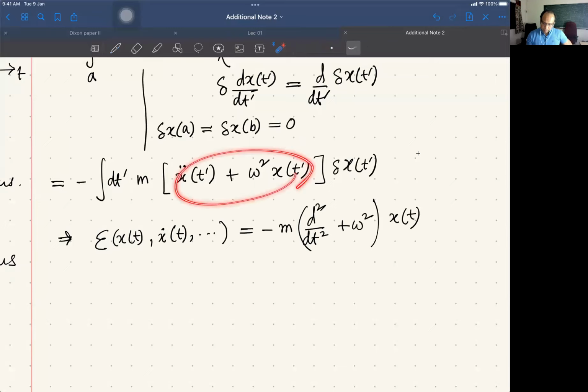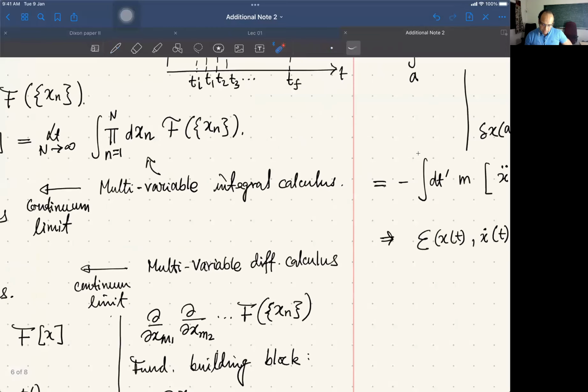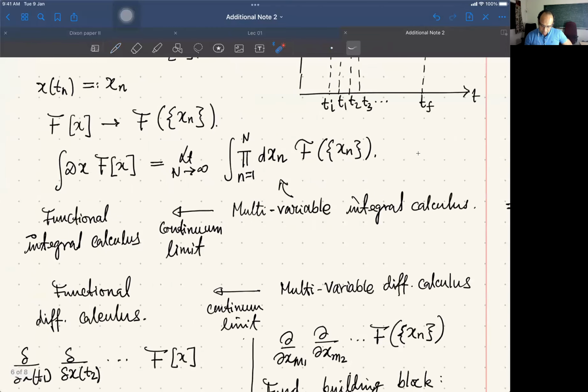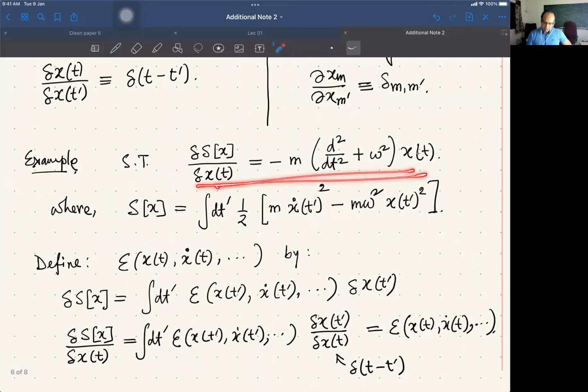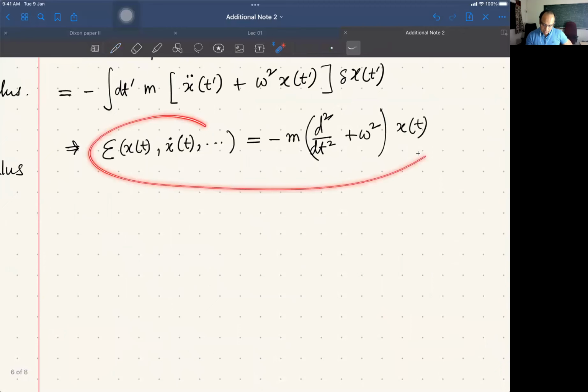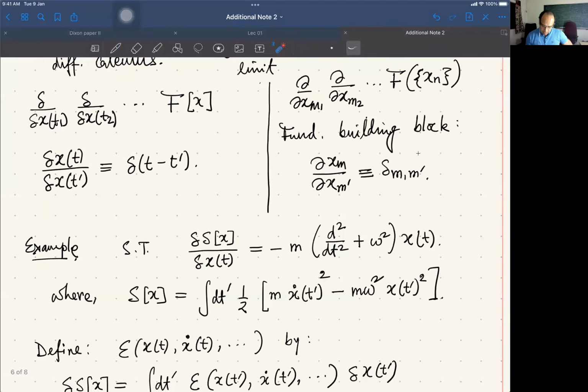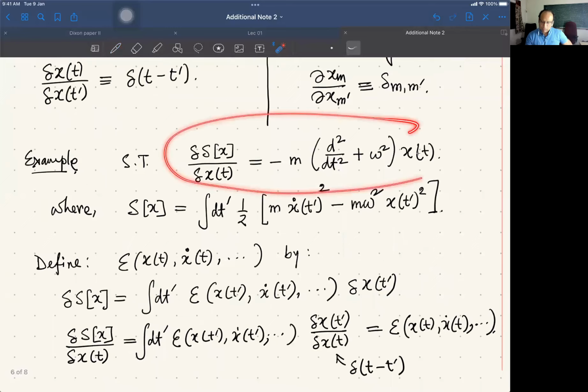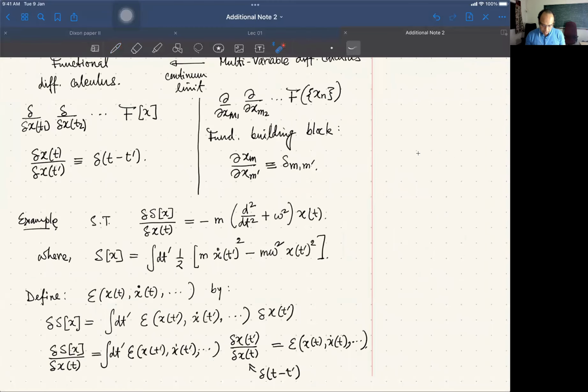That is precisely what this result says. Combining this with these results, you arrive at this result. So this is one simple example of doing calculations involving functional derivatives. That's the promised discussion.